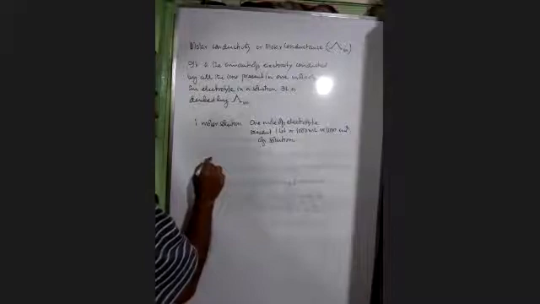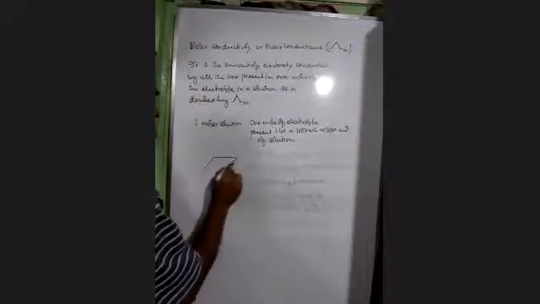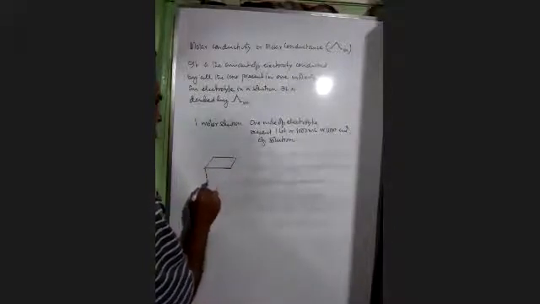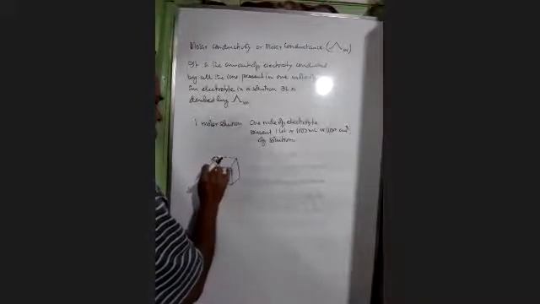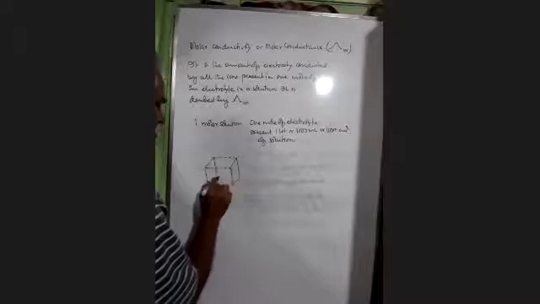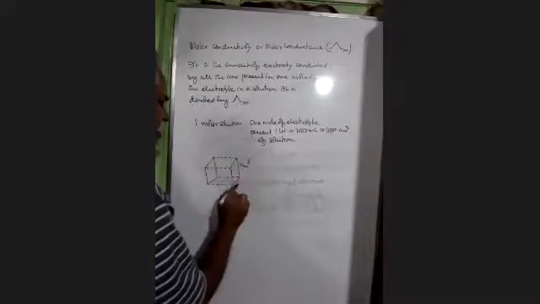Now, what is the case of the specific conductance? See here, this is the distance between two electrodes, and this is 1 centimeter, and this is also 1 centimeter. So what is the volume?